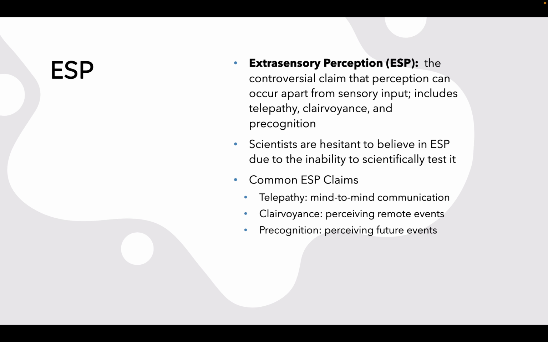ESP is something that some people agree with, some people don't. It's all kind of a really gray area because there's no way to 100% prove that it exists. And so people will either believe it or they won't.